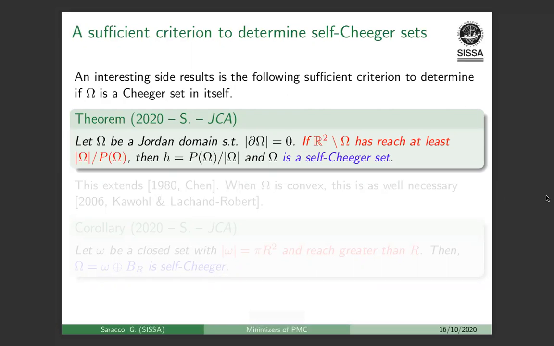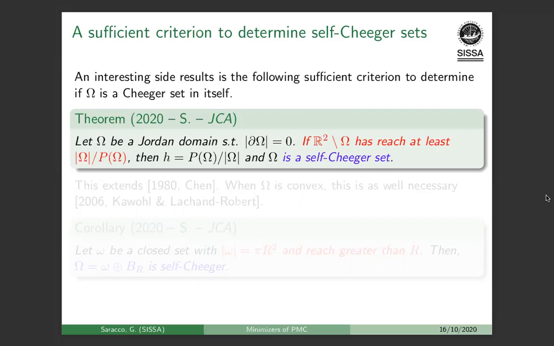Take a planar set omega, with the same topological assumptions we made throughout the talk, and suppose that the complement set has reach at least volume of omega divided by the perimeter of omega. Well, then omega is a Cheeger set in itself, which means that the Cheeger constant of omega is equal to the perimeter of omega divided by the volume of omega.